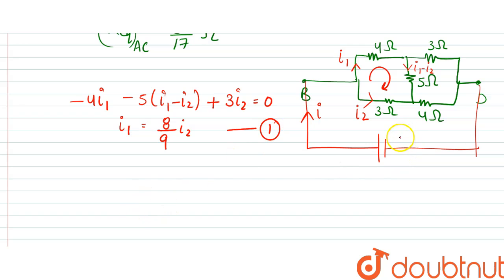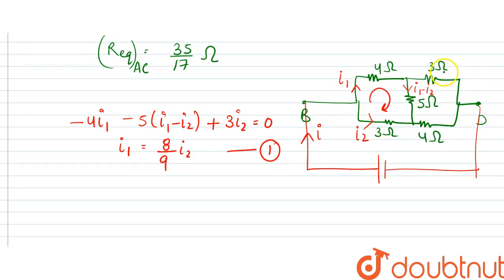Now applying Kirchhoff's voltage loop rule in the whole loop, since here the current would be I2 and here it would be I1 and again I here, right?